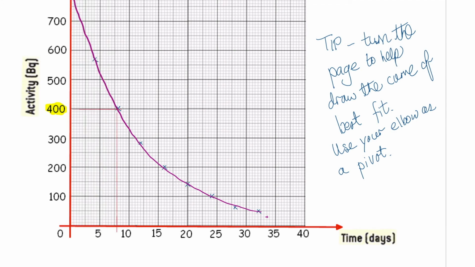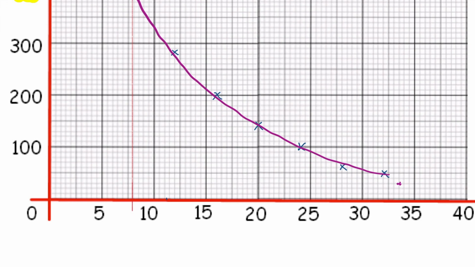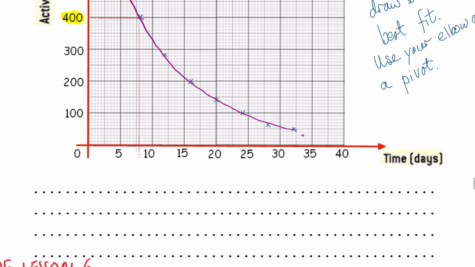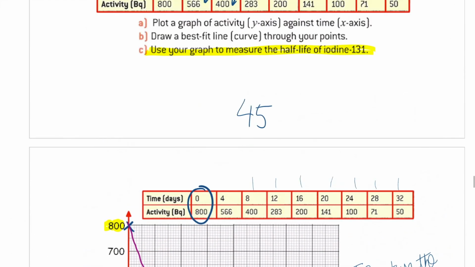Then where's it gone through the horizontal axis? We're going up, remember, in 0.5s, so that would be 7.5, this would be 8. Okay, so the half-life would be 8. And the units we're dealing with here are days, so 8 days. Make sure you write that underneath for part C.